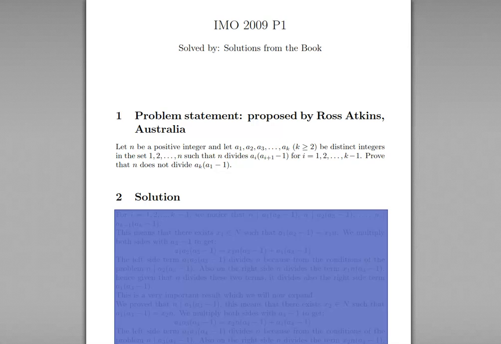First of all, of course there are a lot of solutions to these problems around the web.